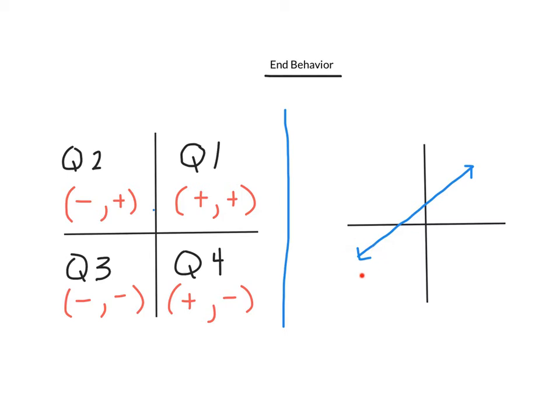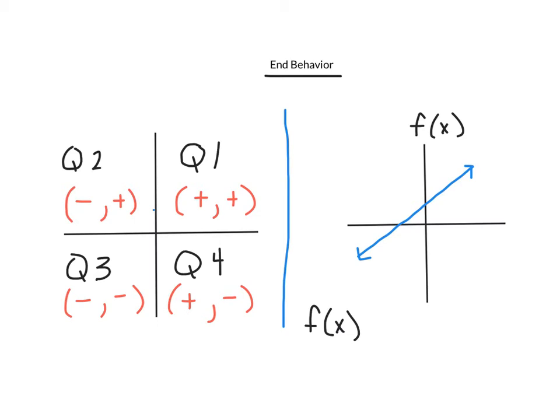So looking at the left side of this graph, this end is in the third quadrant. So I want you to keep that in mind over here, the third quadrant, as we write our notation for our end behavior. So end behavior starts with f of x. F of x is basically our y-axis.